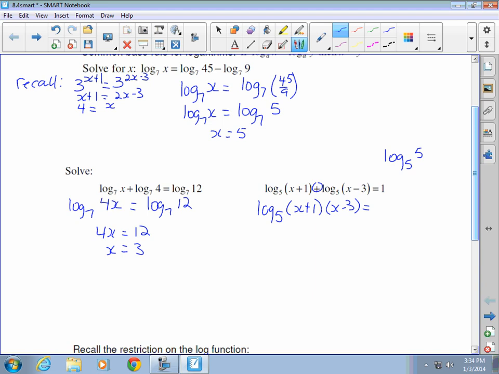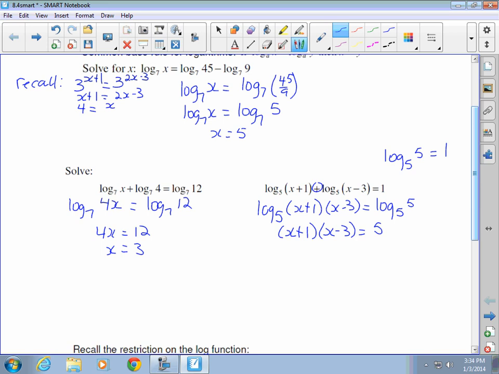So when your base and your value are the same, that gives you an answer of 1. So this is then equal to log base 5 of 5. So what I have then is x plus 1 times x minus 3 is equal to 5.